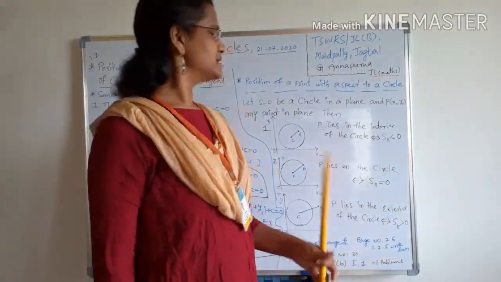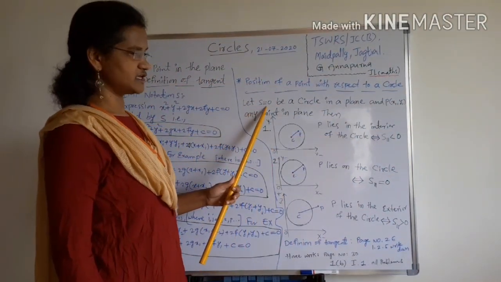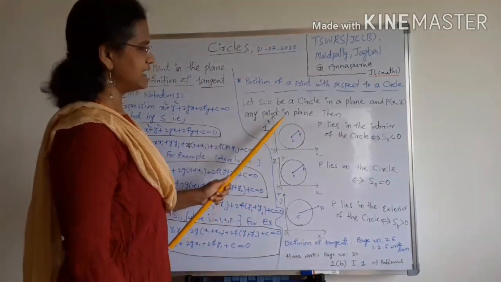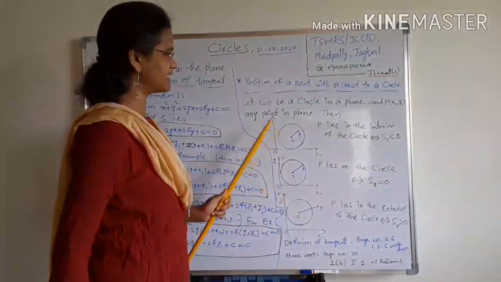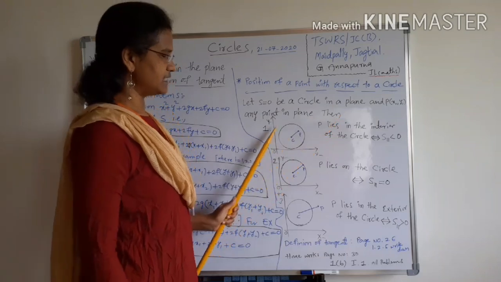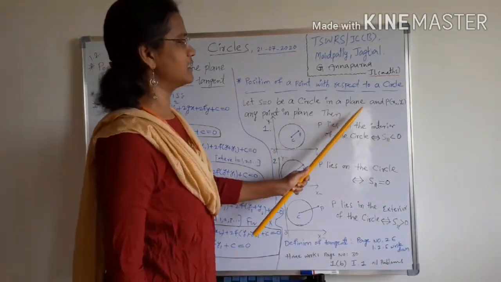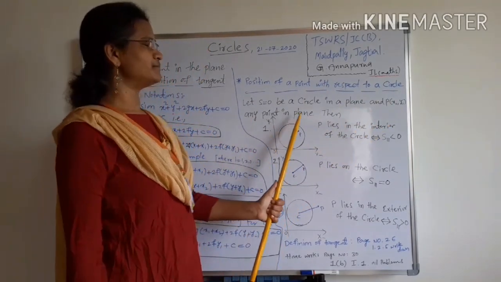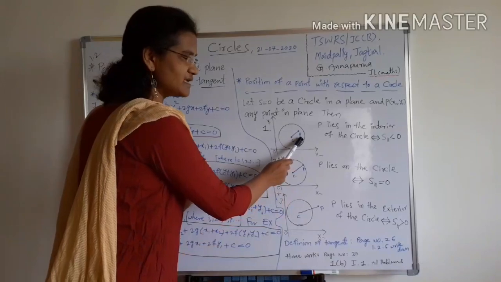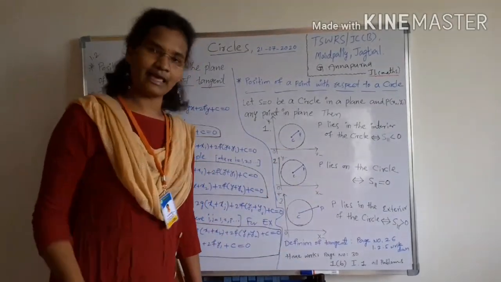Let S is equal to 0 be a circle in the coordinate plane, and P(x1, y1) any point in the plane. So this P is any point.